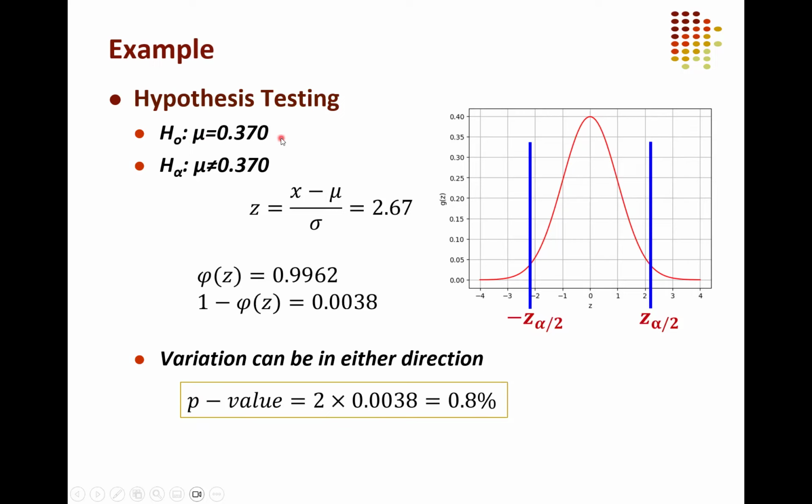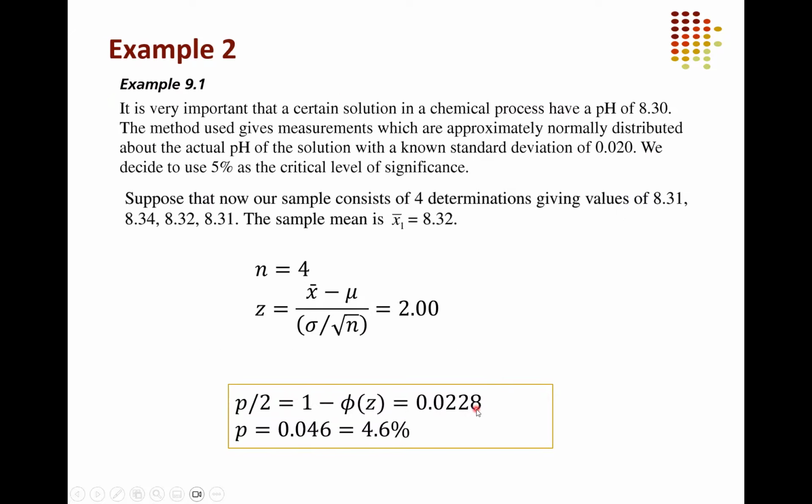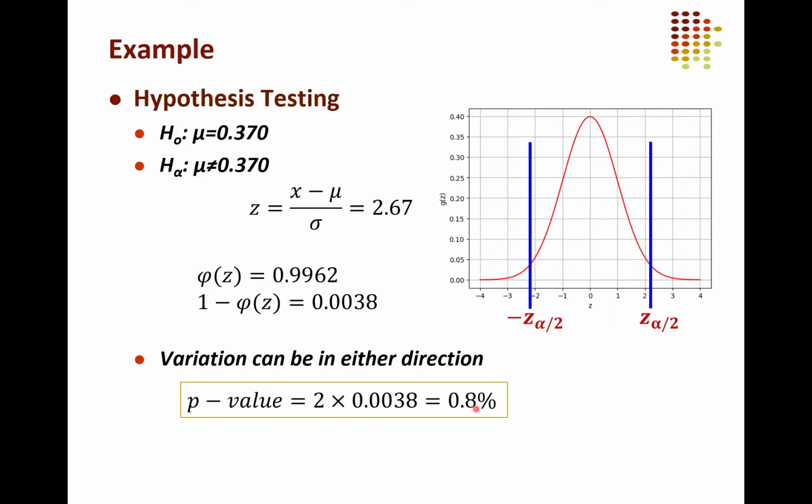Since this was just one observation, such observations could occur on both sides of the mean value, so the total variation leads to a p-value of 2 times this value, which is 0.8%, less than 1%. So if we consider a significance level of even 1%, the p-value falls in the significance region.